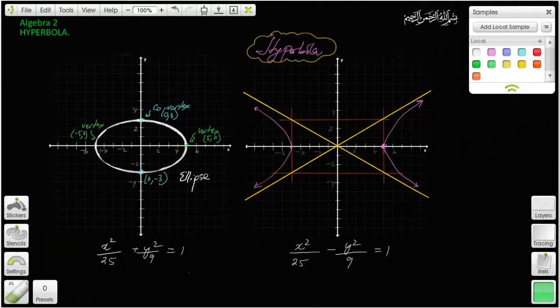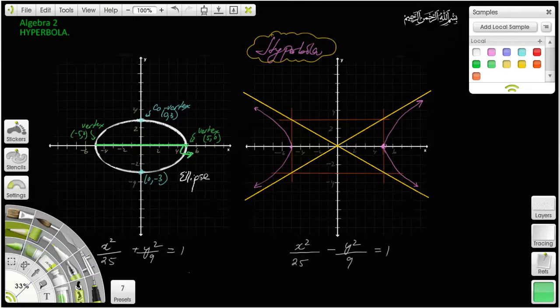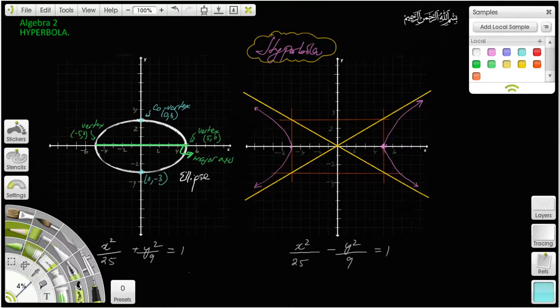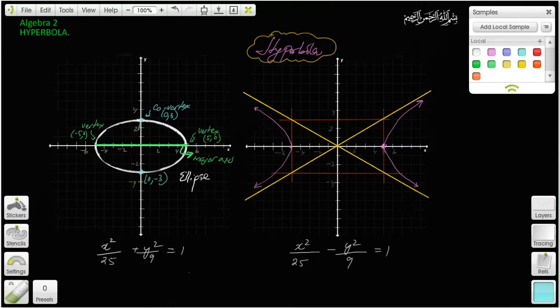Okay, so an ellipse has this axis over here, and that's called a major axis, and that's the axis that has the vertices. Okay, and then an ellipse, if you also recall, has a minor axis, and that's where the co-vertices are present.